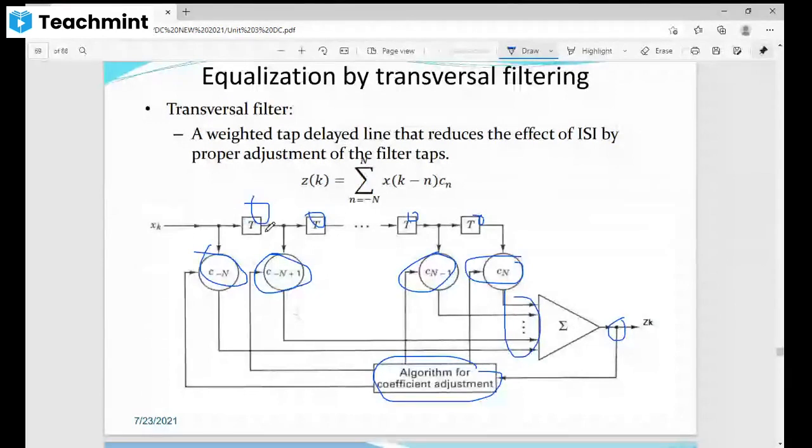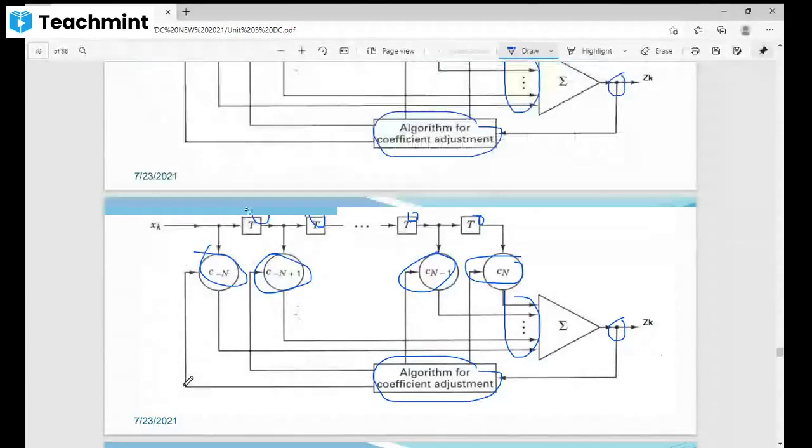These are the delays that reduce the effect of ISI by proper adjustment of filter taps, that is, proper adjustment of coefficients. That is transversal filtering.